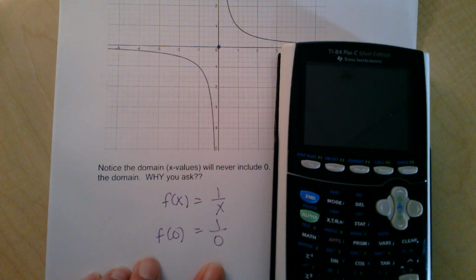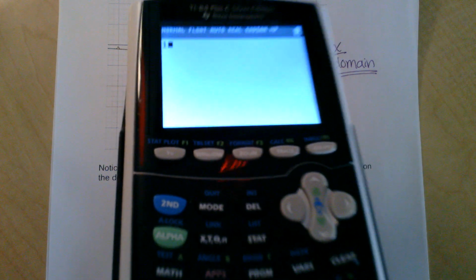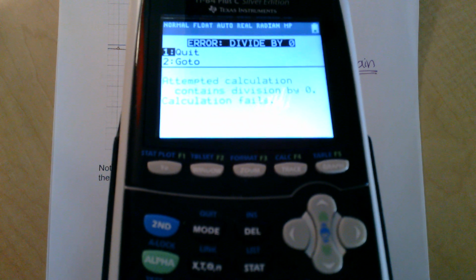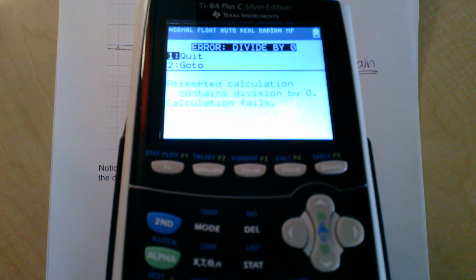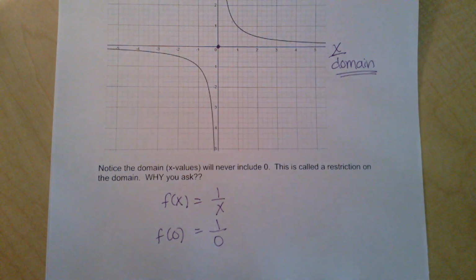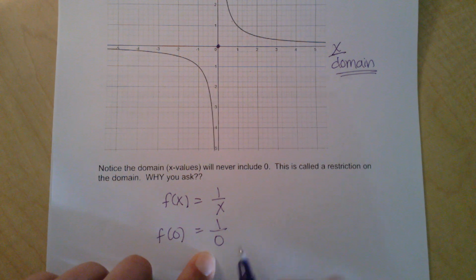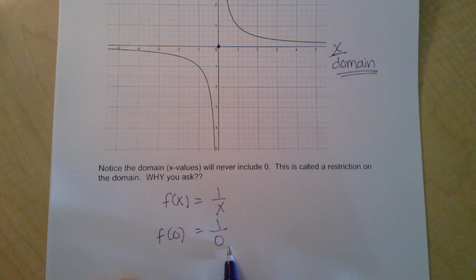If we try to divide that out on our calculator, if we try to do 1 divided by 0, it's going to be an error. We cannot divide a number by 0. That's because we can't even find a number to multiply by 0 to get back to 1. So anytime 0 is in the denominator, you are undefined.